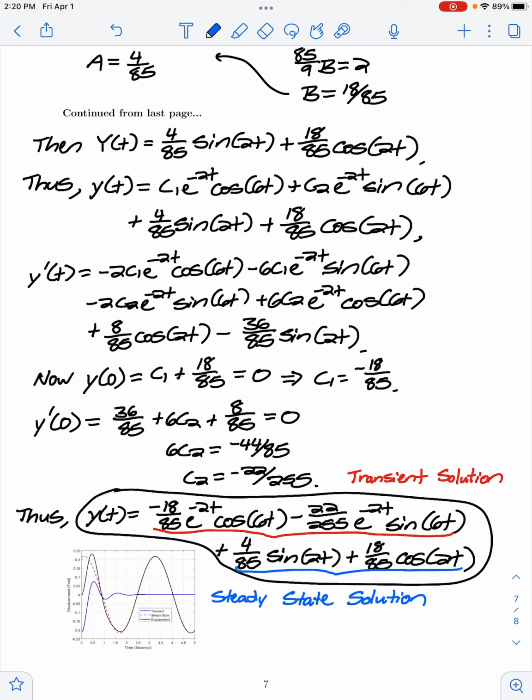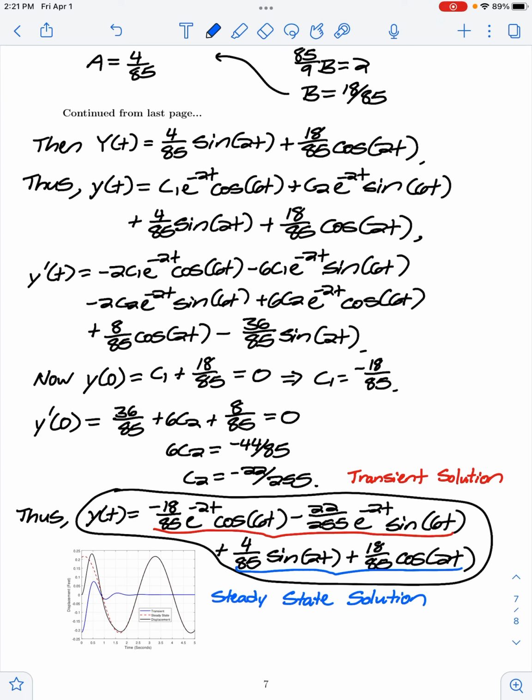So here we see that as t increases, as t becomes larger, our transient solution will decay to 0. So this is why we call it transient. After a large enough time goes by, this transient solution becomes negligible. And our steady state solution is going to oscillate with a fixed amplitude.